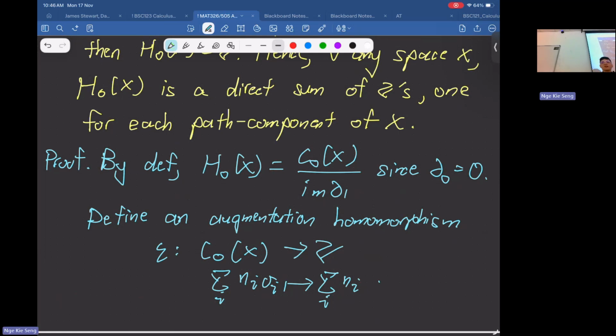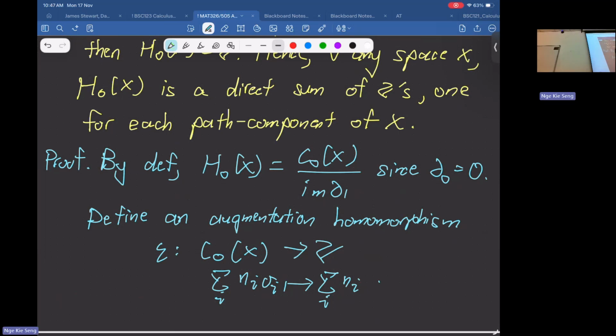So you should think, how does the image of delta_1 relate to this coefficient sum? What's the relation here? The image of delta_1 means the map from a line into X, right?